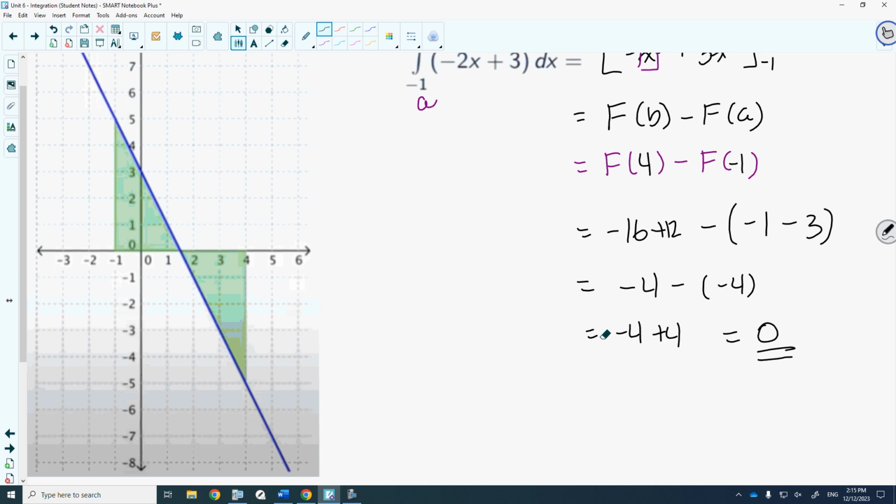Overall, I get a net area of 0. And the reason is the area above the x-axis is identical to the area below the x-axis. Because we're going to use signed analysis, this will be a positive area, this will be a negative area, and they're just canceling each other out.